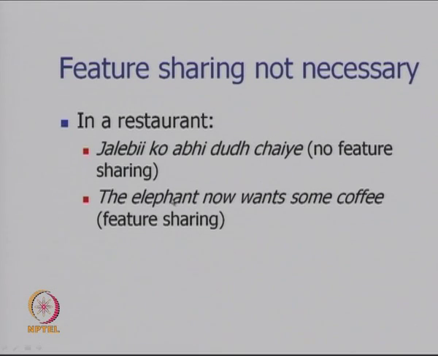Before that, presumably he has ordered many things and has not behaved with the waiter in a decent way. The waiter is irritated and would like to refer to the person as an elephant. So, this also again is made quite colorful by invoking a metaphor where there is a reference to elephant to mean this fat person.